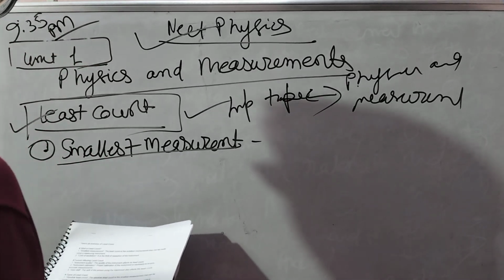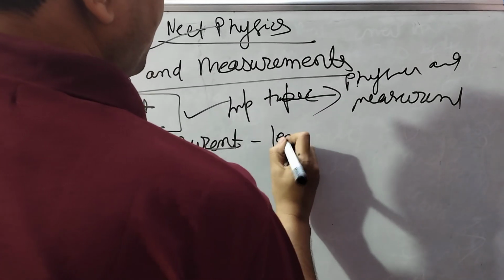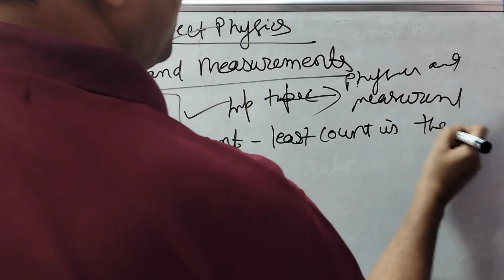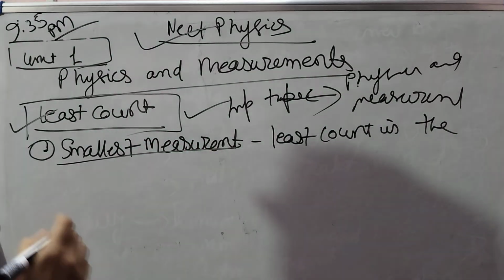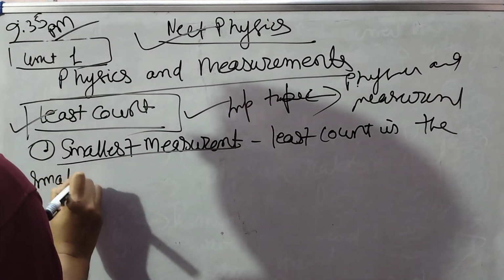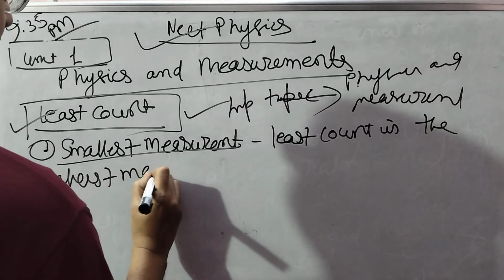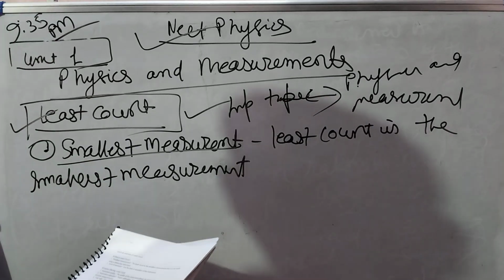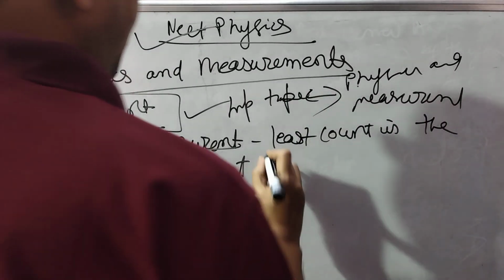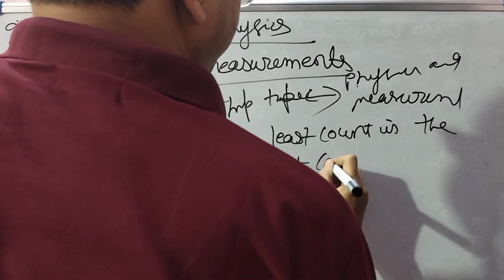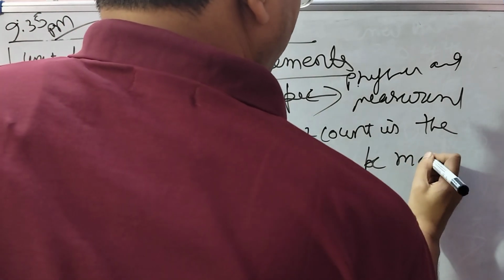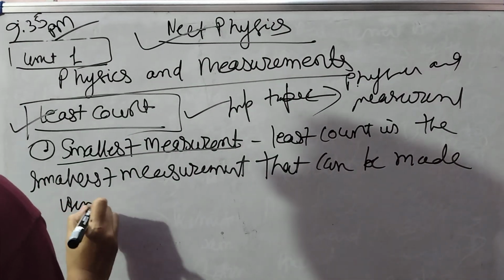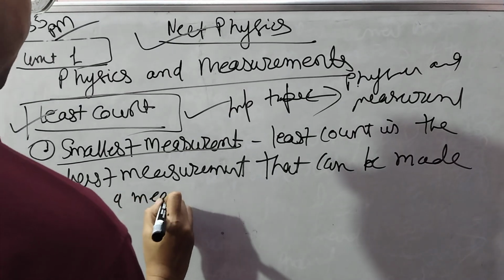Least count is the smallest measurement that can be made using a measuring instrument.